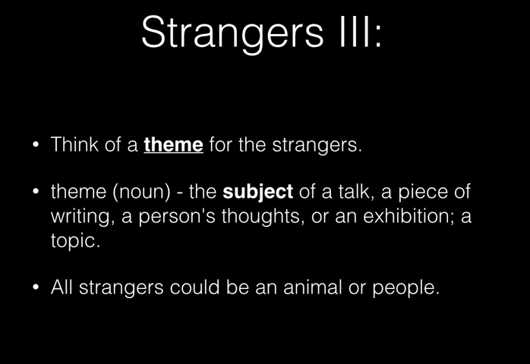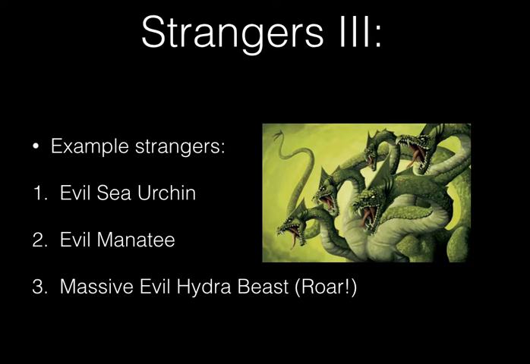All right, now with the strangers, all strangers could be an animal or they could be people. So for instance, if we chose example strangers, we could choose animals here. In this case, our strangers are evil. We have an evil sea urchin, an evil manatee, and then an evil hydra beast.